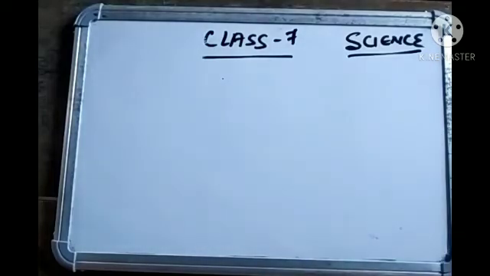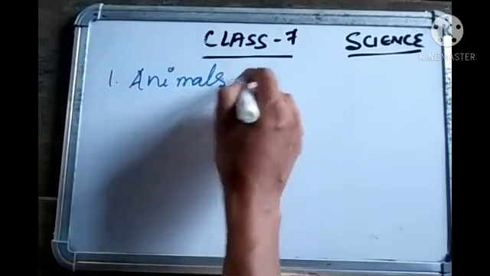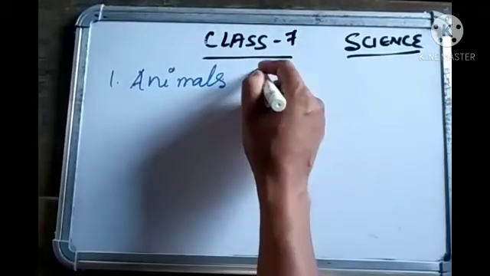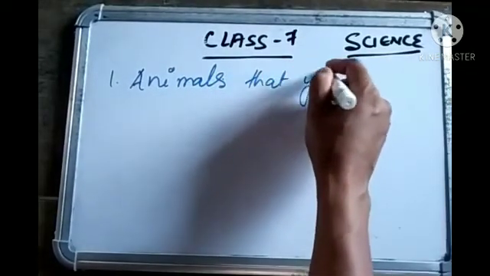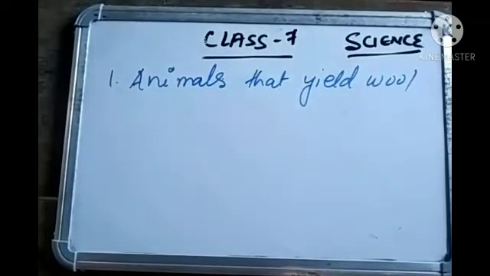Moving further, when you look at the textbook under the topic wool, you will find 3 points discussed. Number 1 is animals that yield wool. In order to obtain wool, we have to identify which animals give wool.